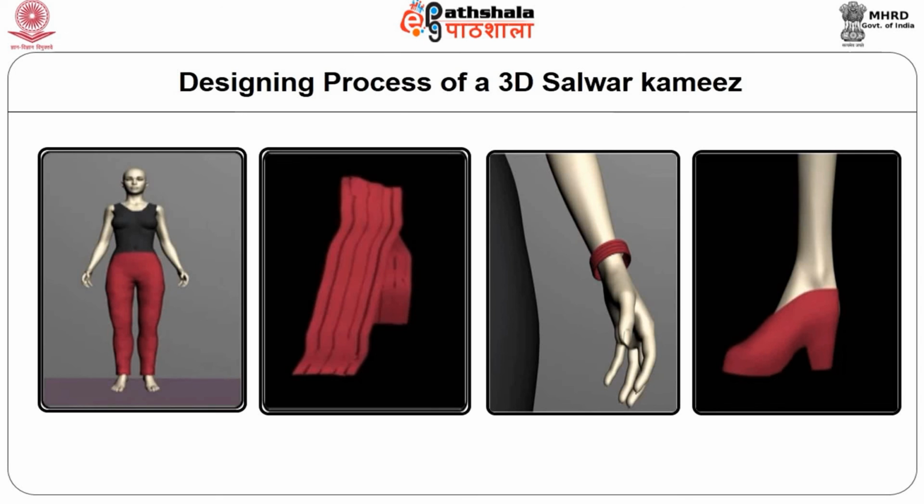The Salwar, Kameez and Dupatta will be subjected to UVW mapping later. This ensures that the texture mapping is nicer. The Salwar, Kameez and Dupatta are texturized and rendered.